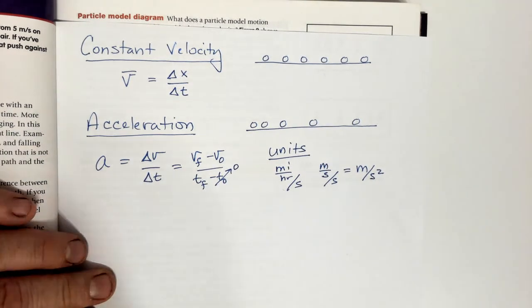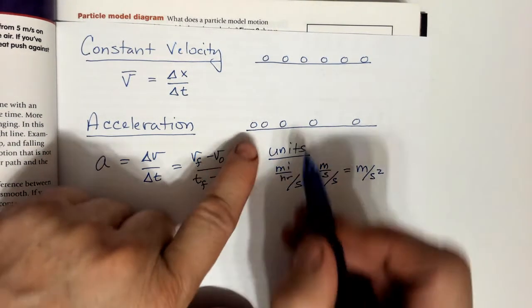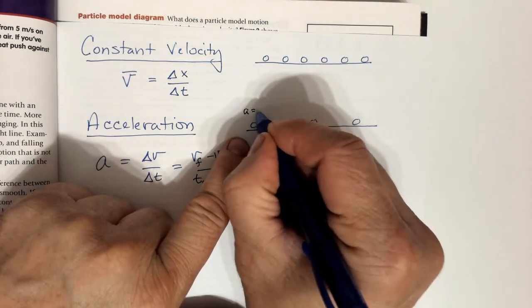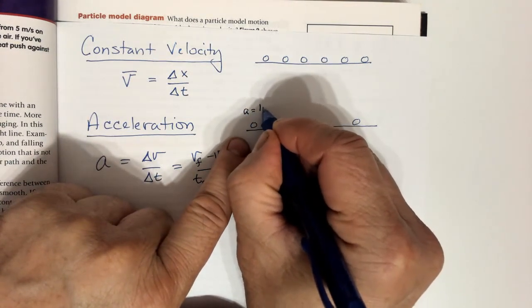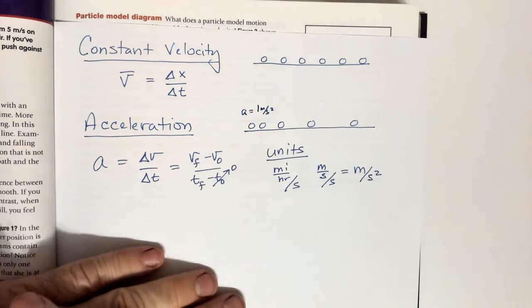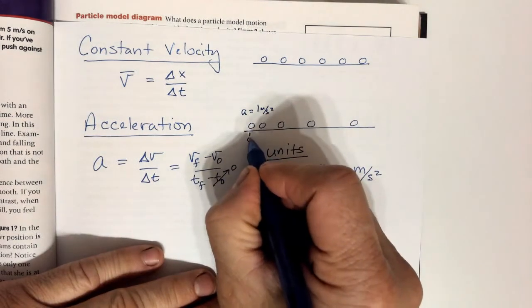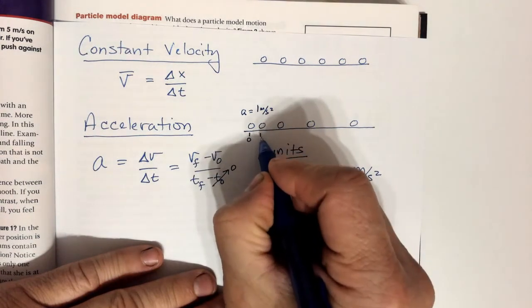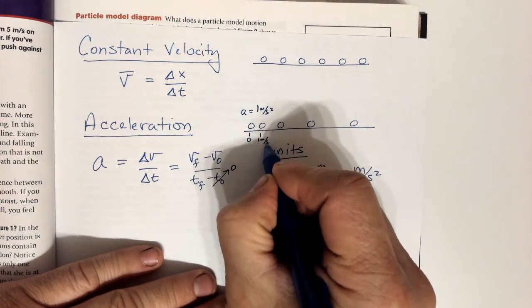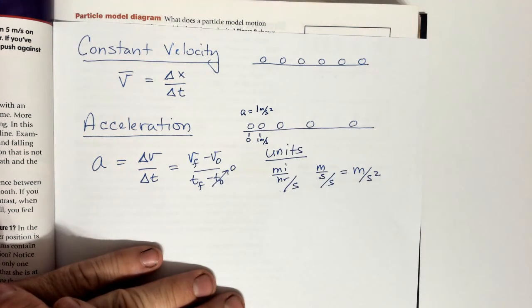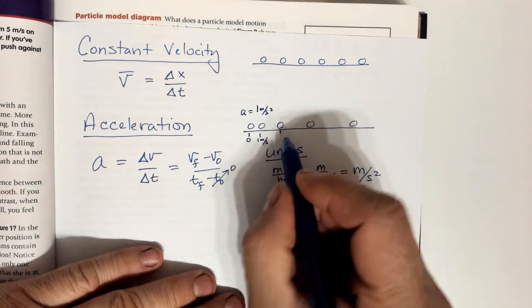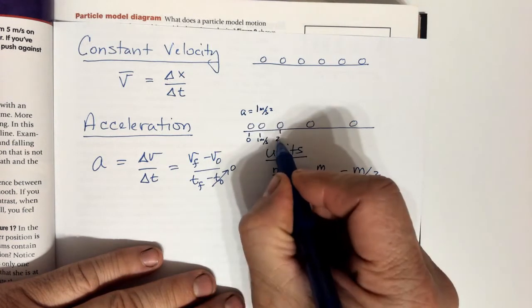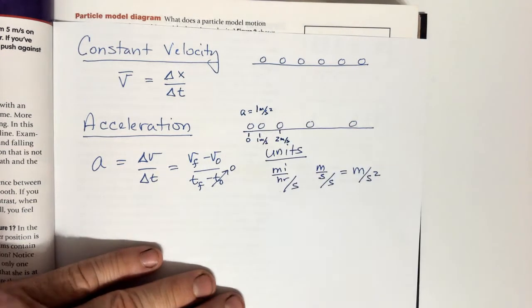So what does that mean? Let's say that this marble is an acceleration of 1 meter per second squared. That means if the speed was 0 here, 1 second later, it is now going 1 meter per second, okay, in speed. And then at this place, it has gone up another 1 meter per second, so it's going 2 meters per second in speed.